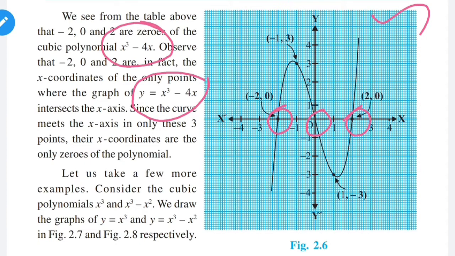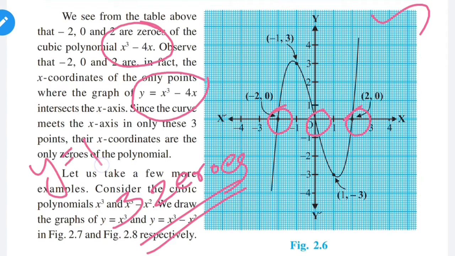From this we can understand that this cubic polynomial has 3 zeros. Why does it have 3 zeros? The graph of y equal to p of x, where p of x is a cubic polynomial, intersects the x-axis at 3 points here. So the polynomial has 3 zeros here.